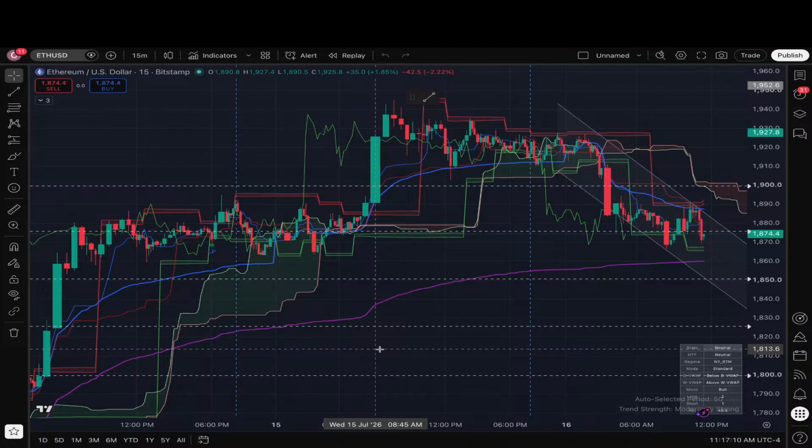If you're looking at the chat, I do have basically what to watch out for catalyst wise, or if there's a price breakdown, what to look out for, and potential entry points for your options trades, whether you're long, meaning you feel like the price is going to go up, or if you're short on the market, meaning that you feel that the price of the asset, the Ethereum market, is going to go down.